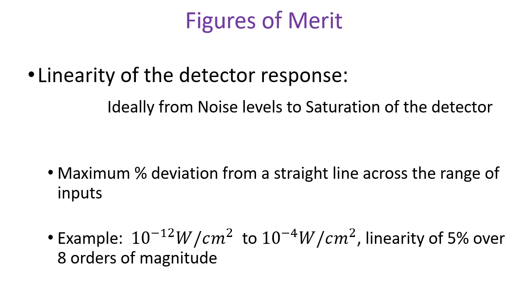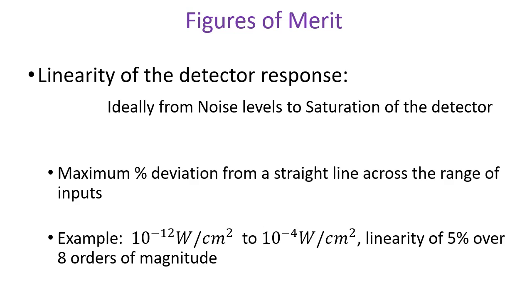For example, let's say you have a detector that can detect from 10 to the power minus 12 watts per centimeter square intensity all the way to 10 to the power minus 4 watts per centimeter square with a linearity of 5%, right?